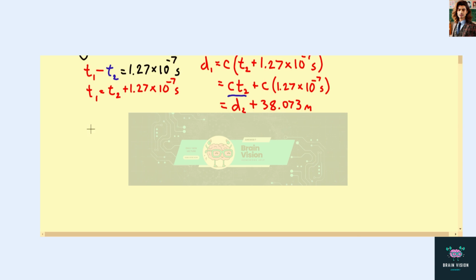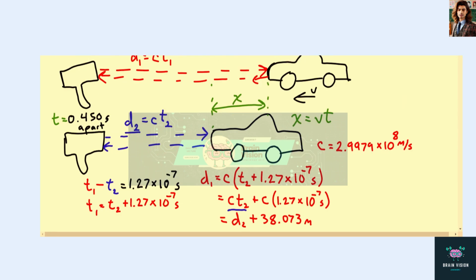Using that equation, we can now say that d1 minus d2, the difference in the round trip distances for each of those pulses of light, is equal to 38.073 meters. So that's the difference in their round trips, getting all the way to the car and back.